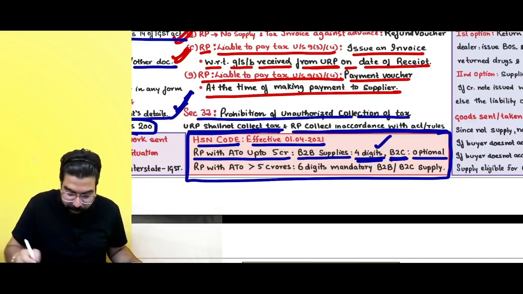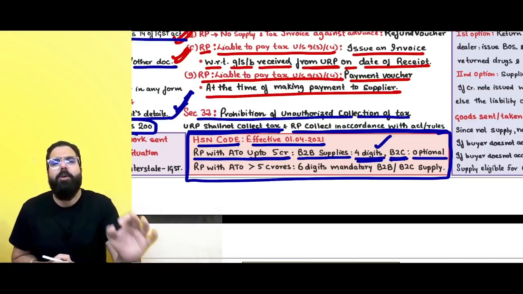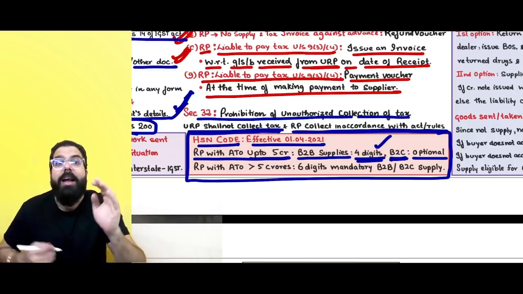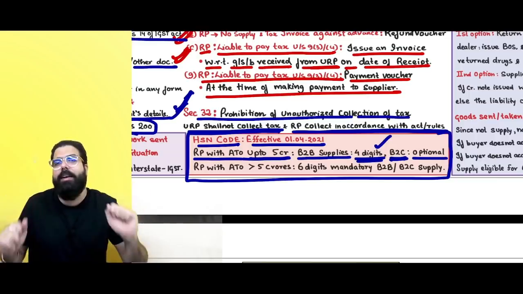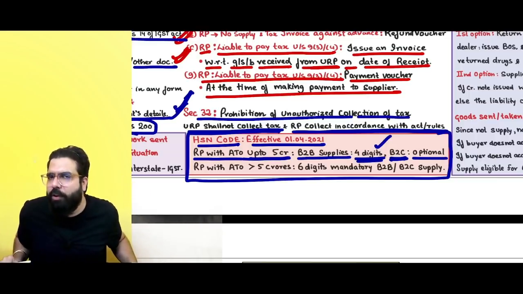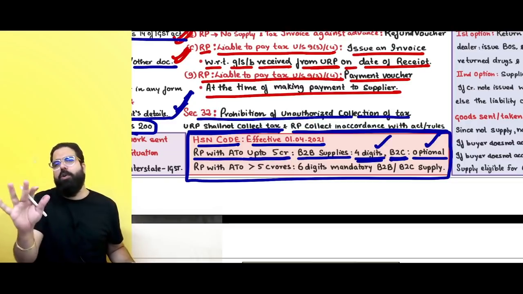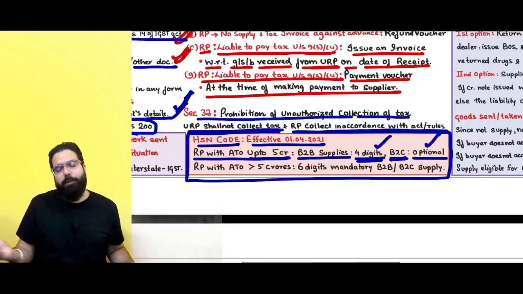HSN code actually is 8 digits, but only the first 4 digits you have to mention. With respect to B2C supply, you don't have to mention; it is optional, up to you.